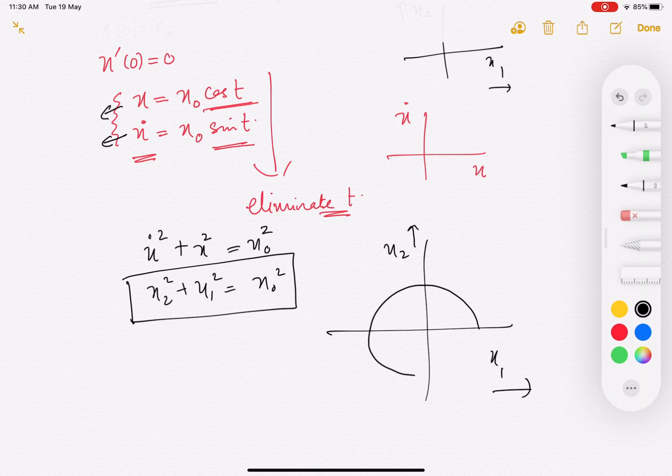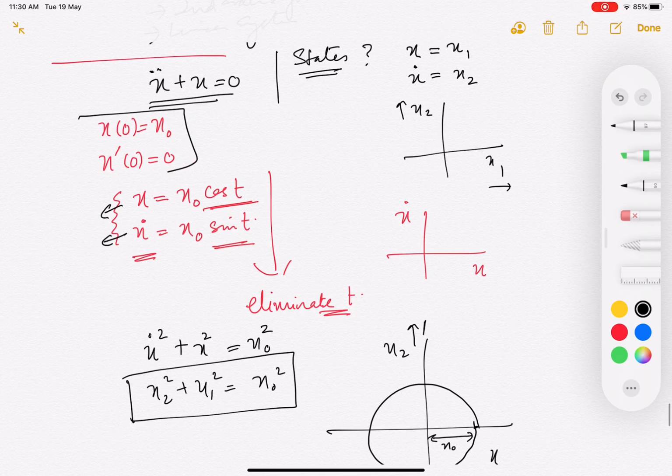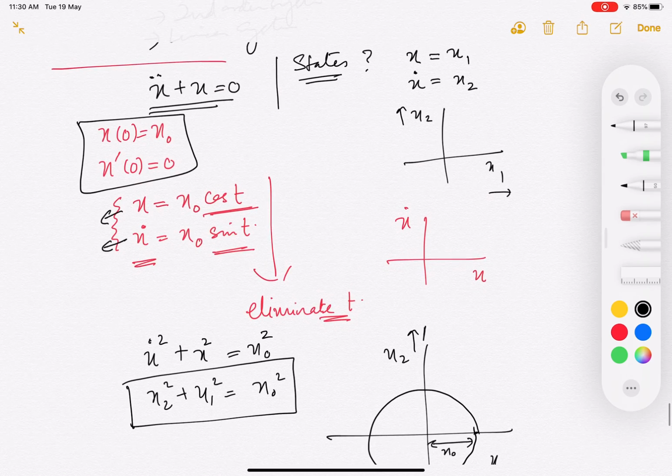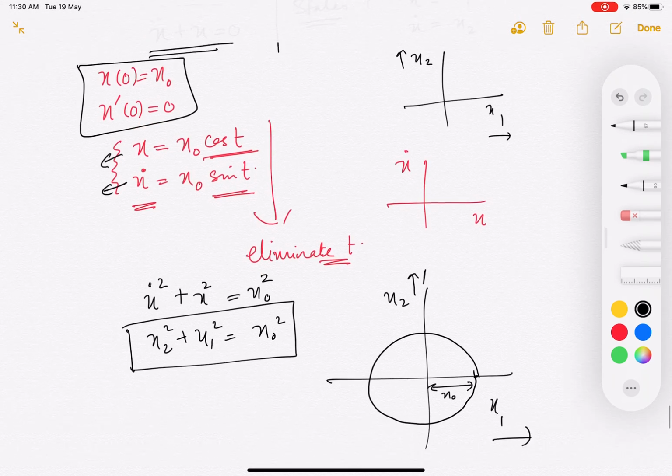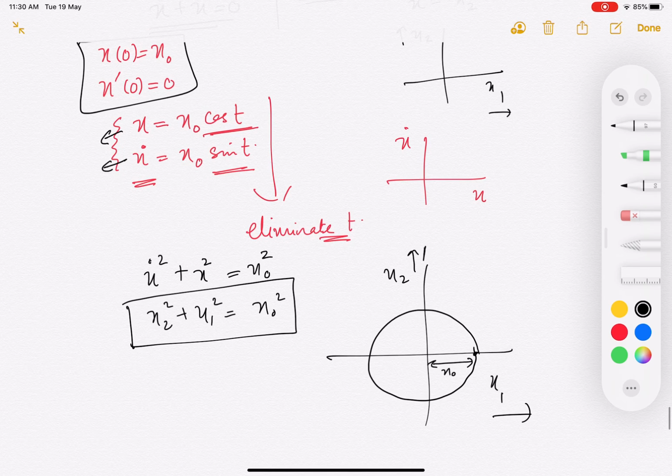Remember, the x-axis is x, the displacement, and the y-axis is velocity, right? So for an initial condition, initial displacement x0, and an initial velocity 0, which was the condition here, the initial displacement is x0 and the initial velocity is 0 at this point.